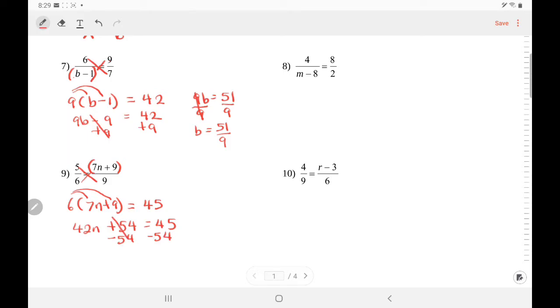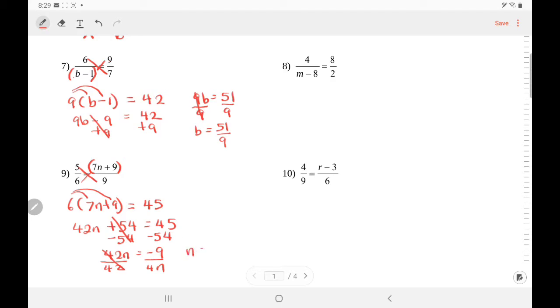So opposites would cancel. 42n equals negative 9. So you could use a calculator if you want. 45 minus 54. Dividing by 42 to solve for n. The 42's cancel.